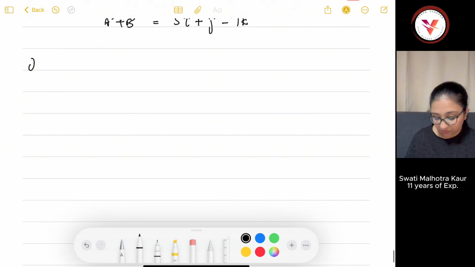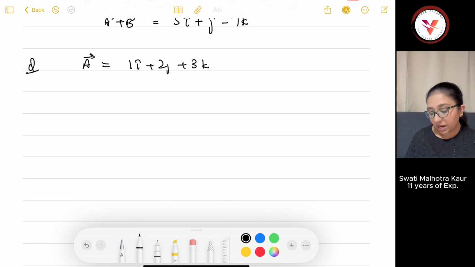Okay, we can consider one more question. Let's say you have two vectors. Let's say a vector is 1 i cap plus 2j cap plus 3k cap, and b vector is simply i cap minus j cap.